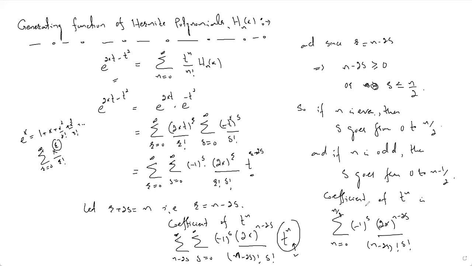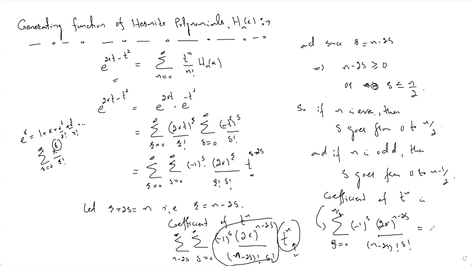This whole thing is the coefficient, but I am now taking n minus 2s, considering n in place of s, and out of these two summations I am considering only s running from 0 to n by 2. This is the coefficient of t raised power n.